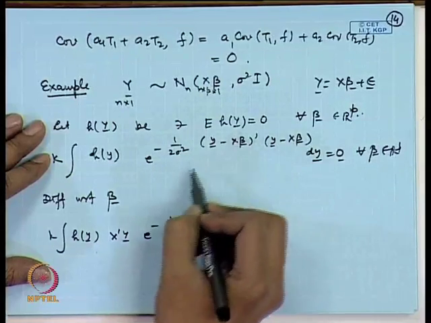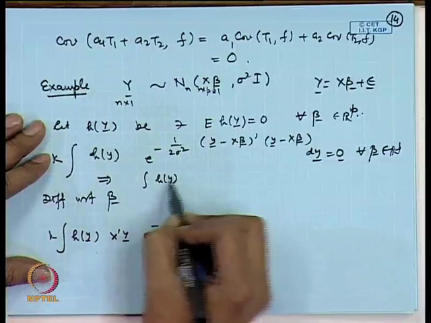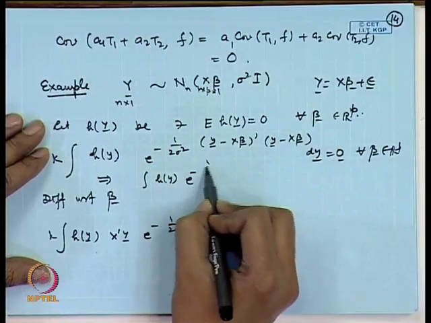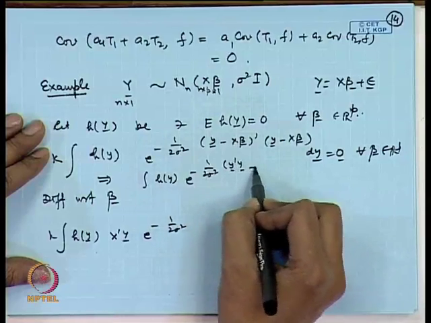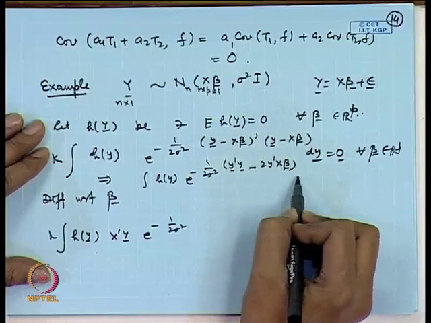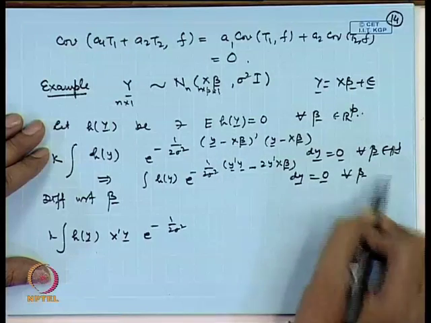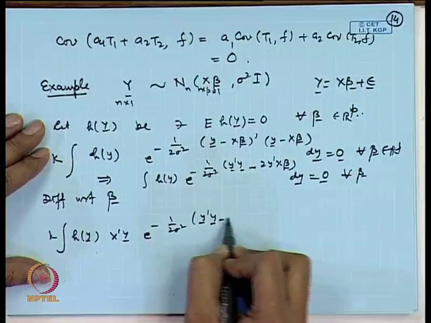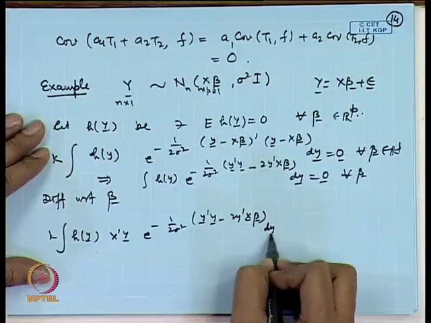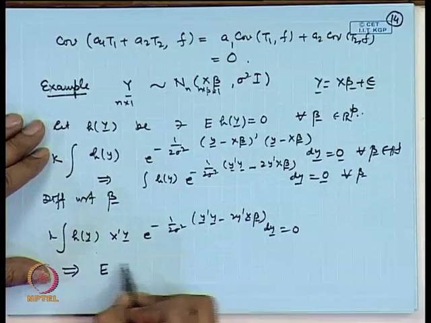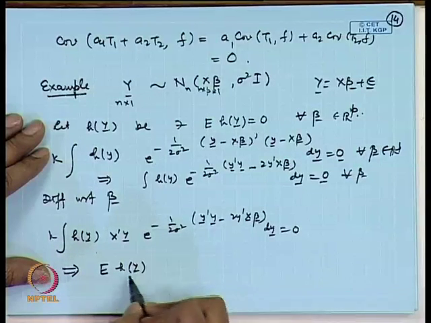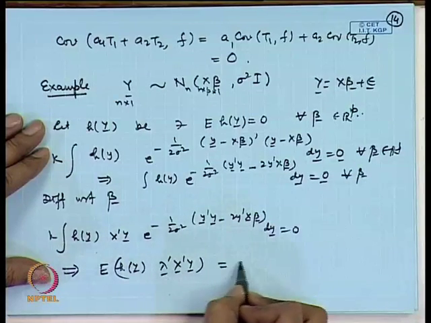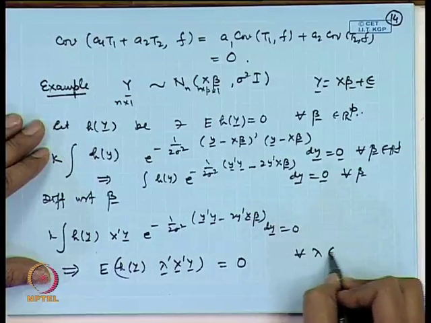In fact, here I can simplify beforehand. I can write the term which is not involving y, I can separate out and take to the other side. So, this is reducing to, if you differentiate this, you will get X prime y here and the same term here. So, this is equivalent to saying expectation of h(y) into some coefficient lambda prime X prime y is equal to 0 for all lambda belonging to R^p.